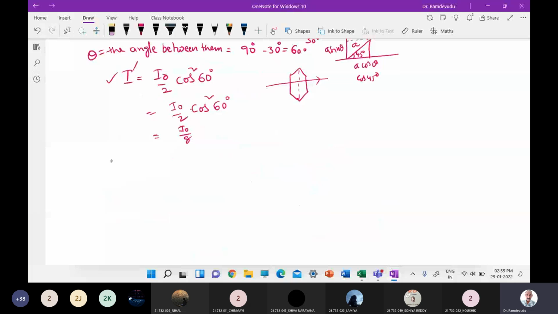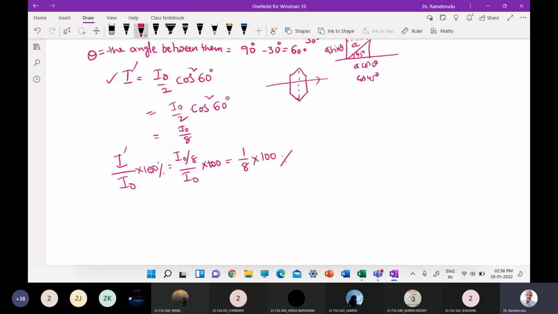I dash is coming out, and initially this is I naught, so to get the percentage I write I dash, which is I naught by 8, by I naught. So I write 1 by 8 into 100, into 100%. Did you follow this?